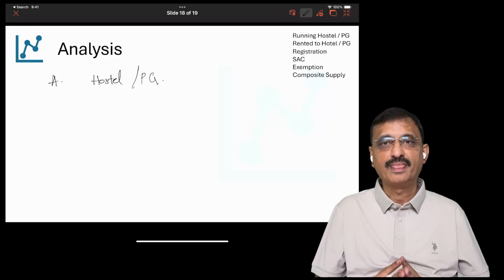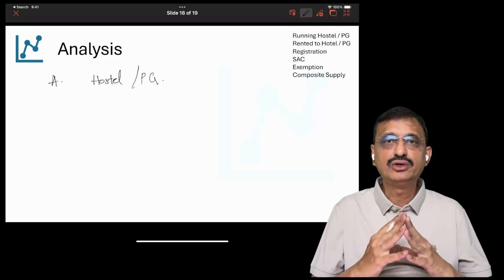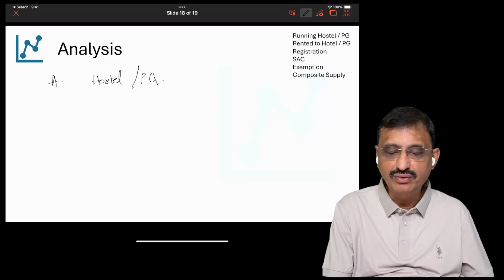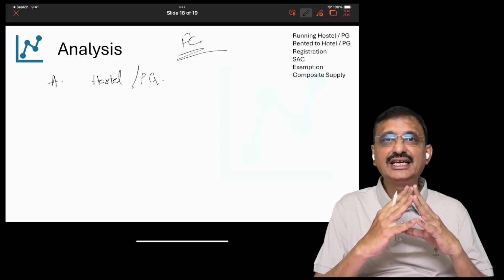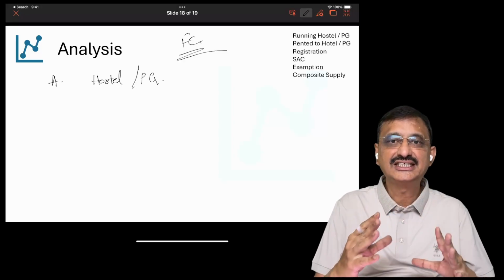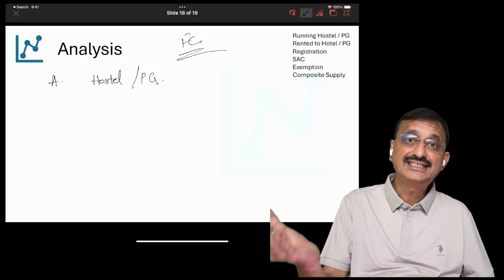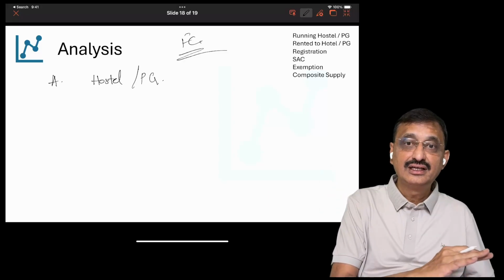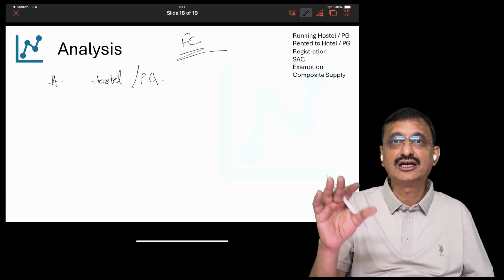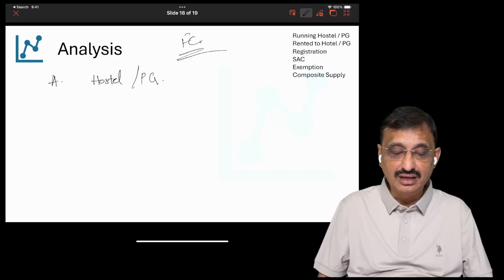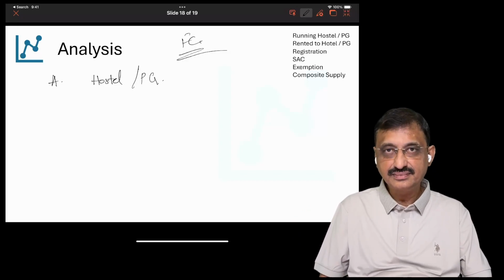Whether he is liable to pay GST on this, on forward charge basis, on rents collected from the people who have taken that hostel accommodation or paying guest accommodation.